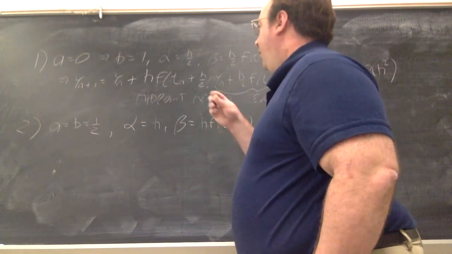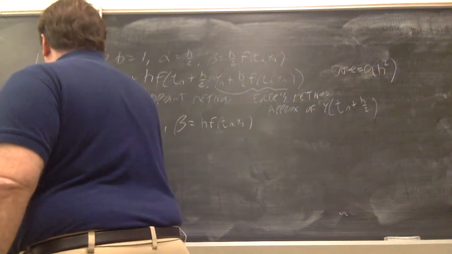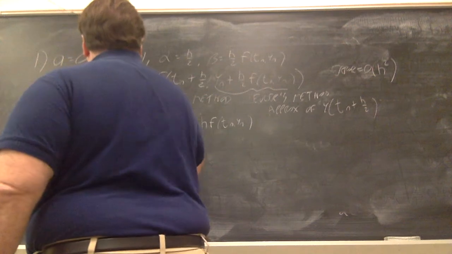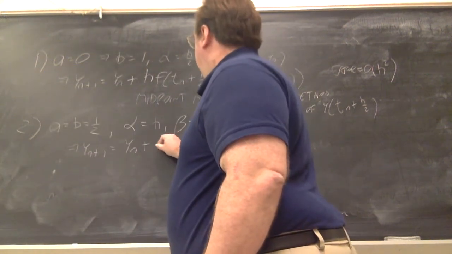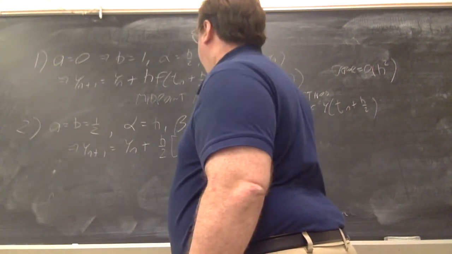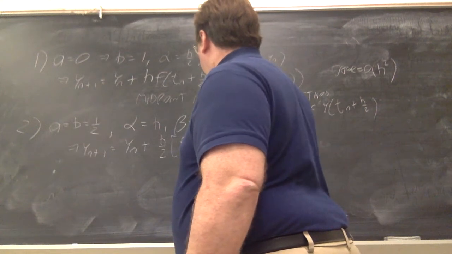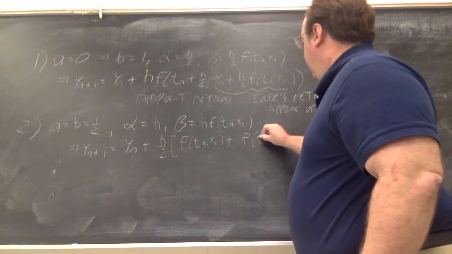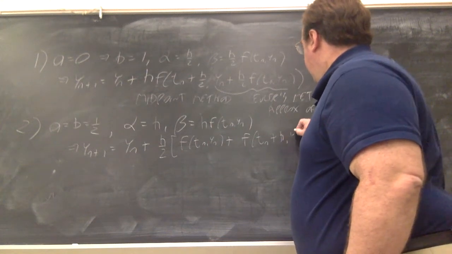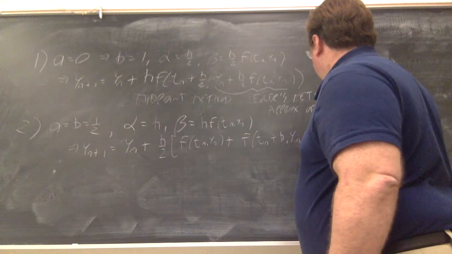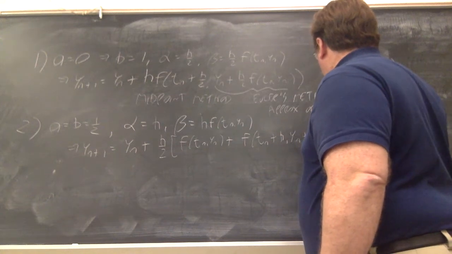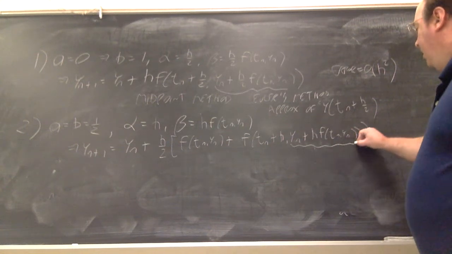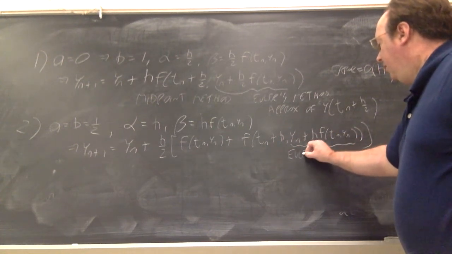All right. So the method that results is this one: y n plus 1 is equal to y n plus h over 2 times f of t n, y n plus f of t n plus h, y n plus h f. Okay. So this is the Euler's method.